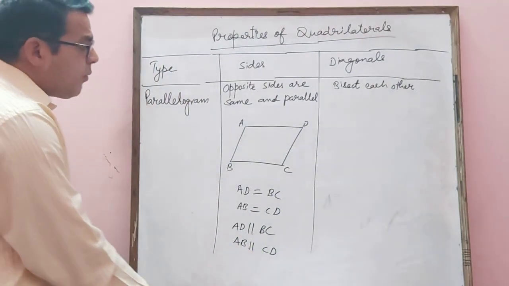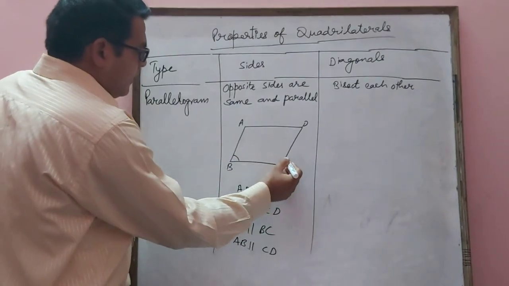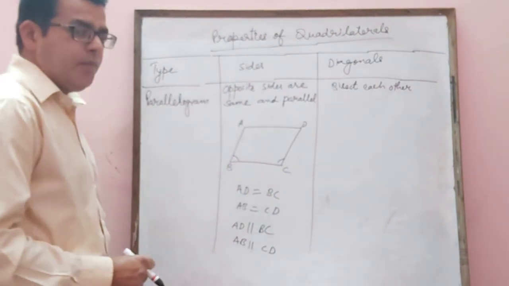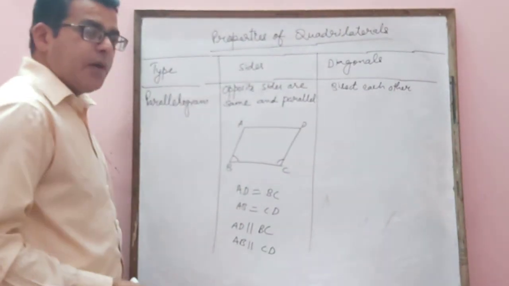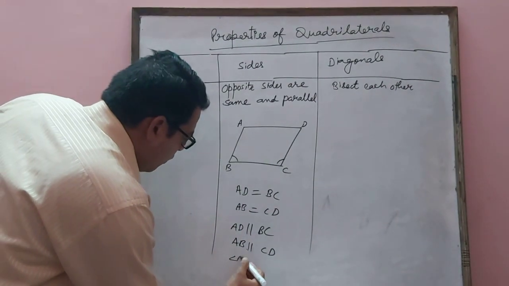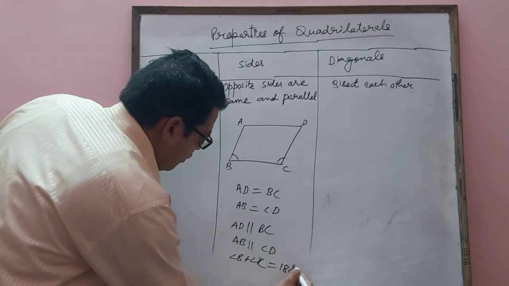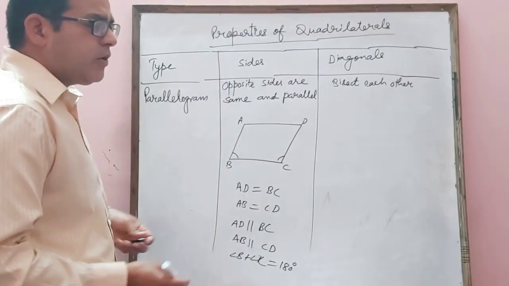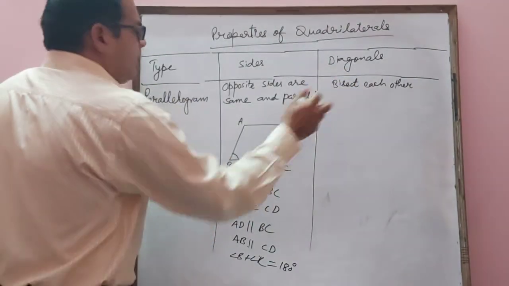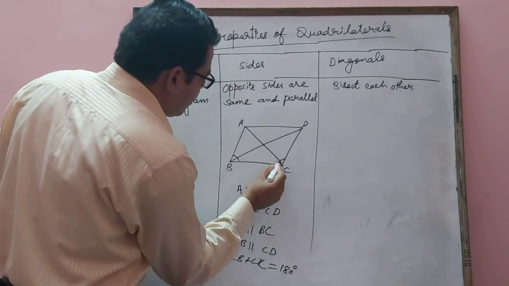Right? One more property we have already discussed. The co-interior angles of a parallelogram are supplementary, meaning the sum of both the angles will be equal to 180. This is another property. Hope you understand. And in respect of diagonals, the diagonals of a parallelogram bisect each other.